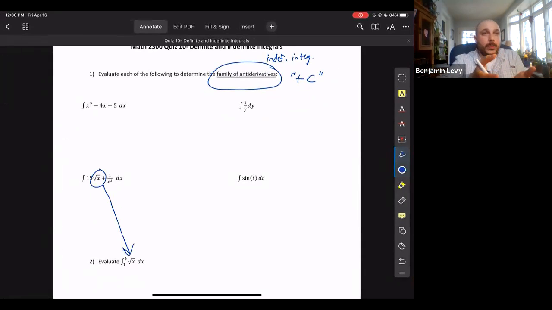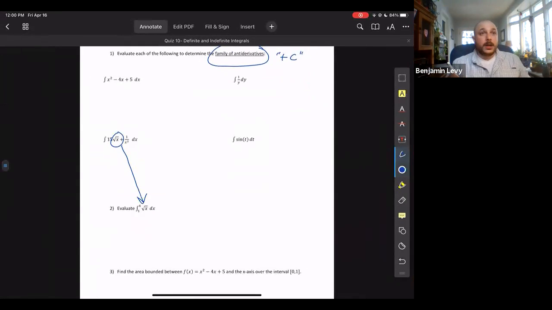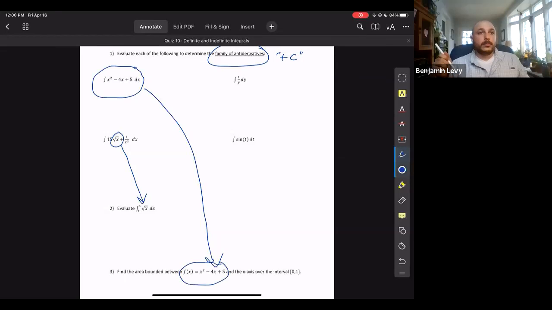There's a square root in the first part, and you can use that information to help you with the second part. Gosh, there's snow falling on my house. Sounds like it's about to fall down. And the other thing is this function is also the same function in the third part. In other words, you don't need to redo the work necessarily on the first parts. I'm just getting you to then plug points in. Let me know if you have any questions. I'll put my number in the chat in case you want to call me.